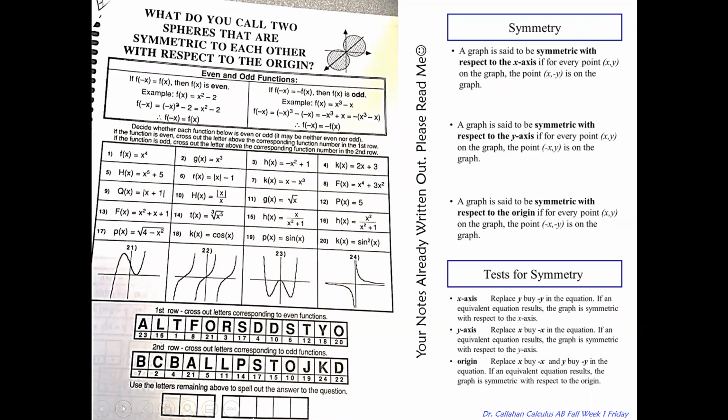I do have an algebra puzzle here that says, what do you call 2 spheres that are symmetric to each other with respect to the origin? And you're just going to go ahead and write down the answer. Also, I have some of my notes when it comes to symmetry.